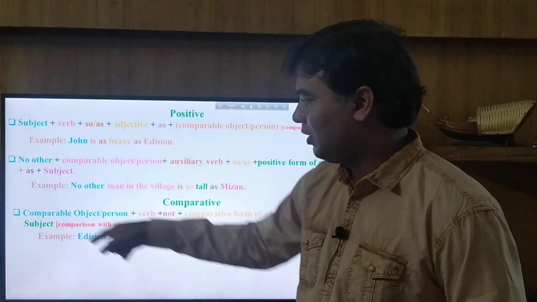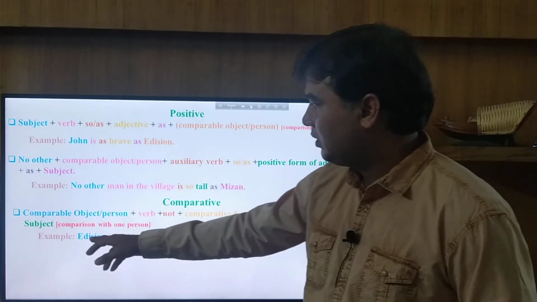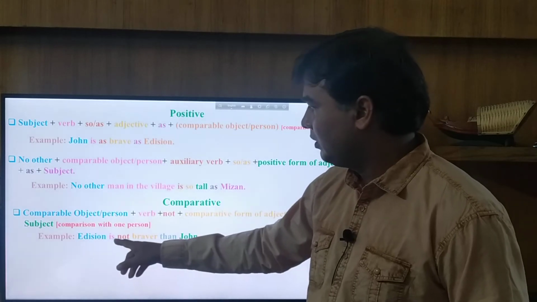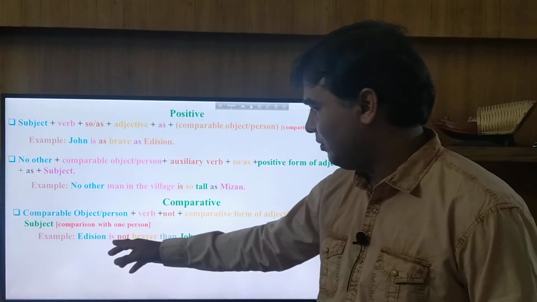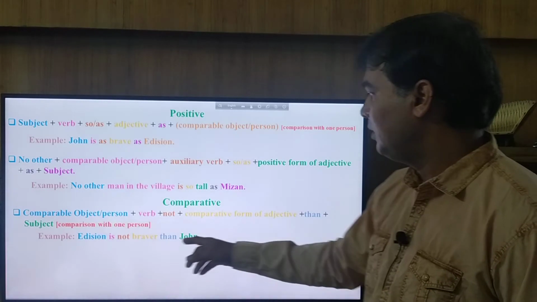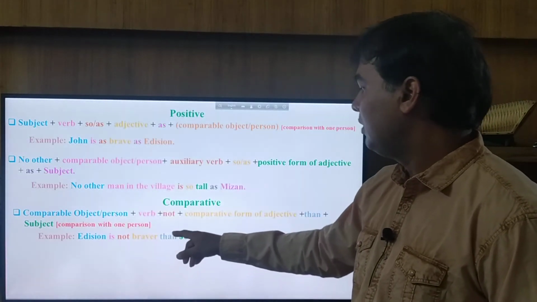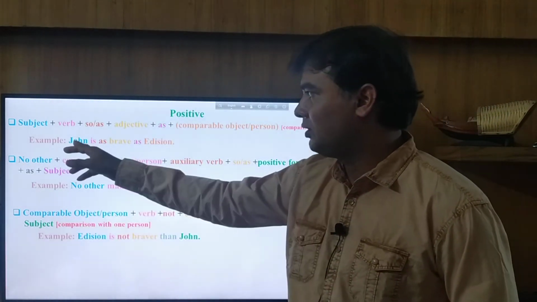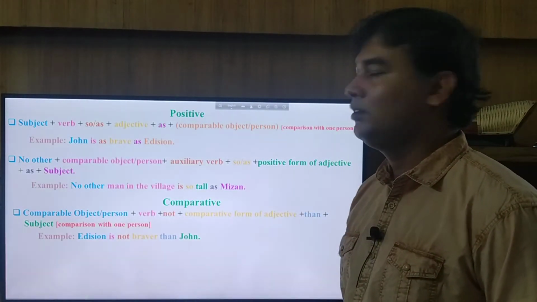Now I am converting it into comparative form. So comparable object or person Edison, then auxiliary verb is, or sometimes it may be main verb, then "not", then comparative form of adjective brave, braver, then "than", and then subject John. So the answer is: Edison is not braver than John.